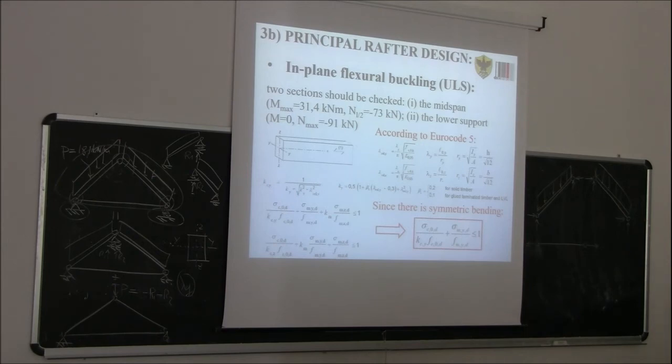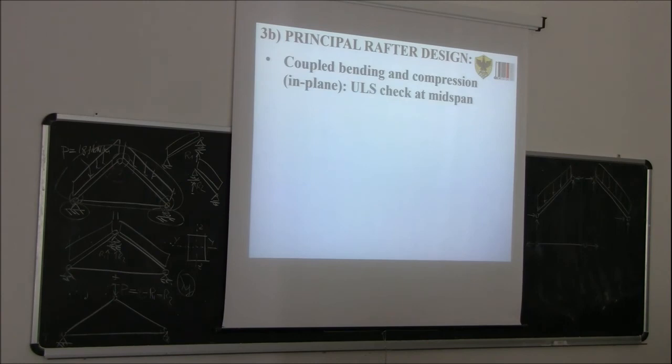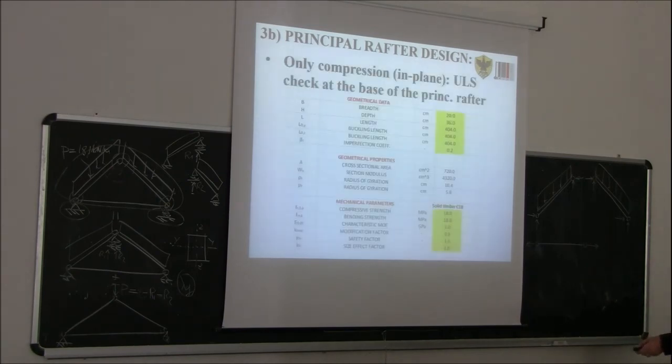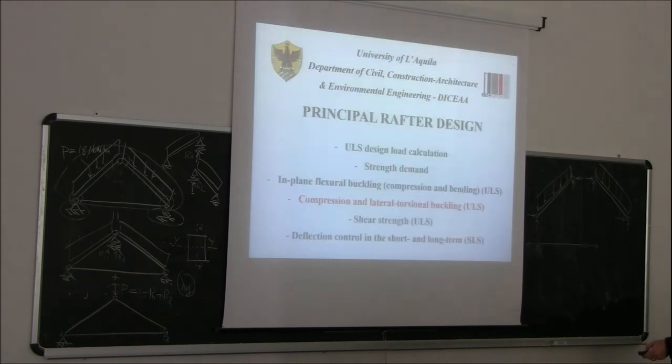In the second case, when we check at the base, where we have a slightly higher axial force but no bending moment, we have much less because we have 0.13, meaning that we are far away from the failure. Okay, so the first check is okay. In-plane flexural buckling is satisfied.